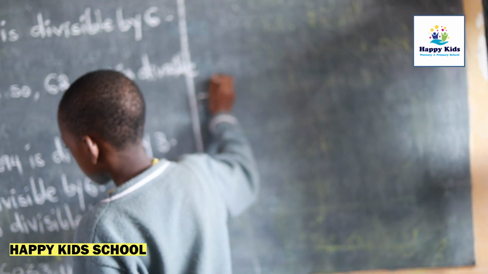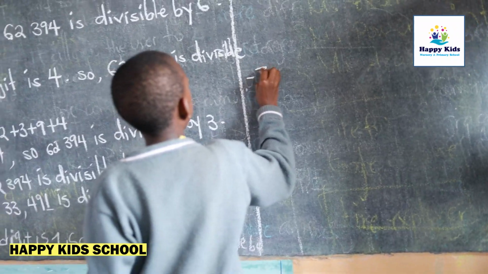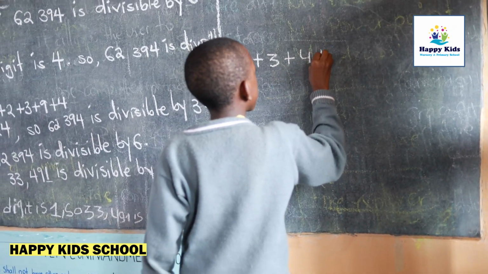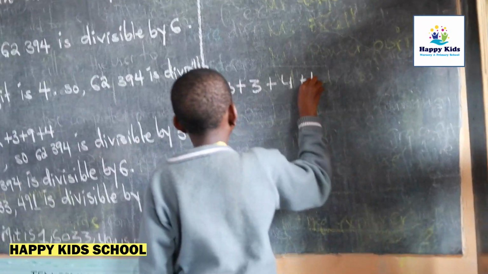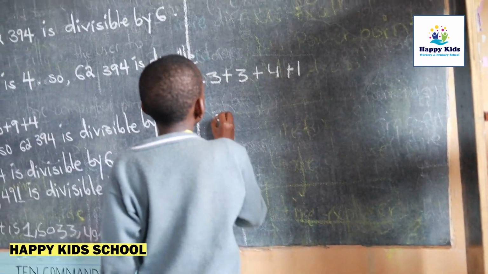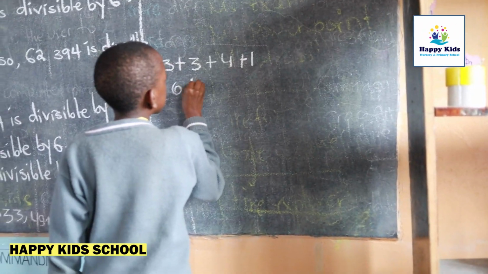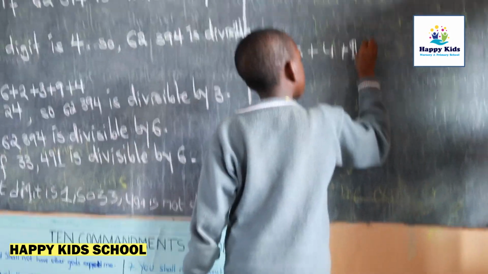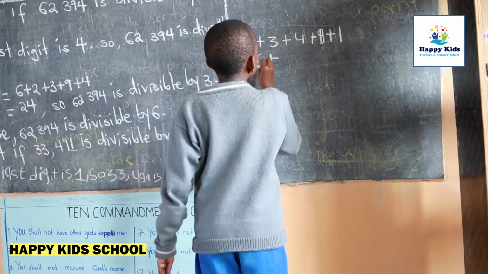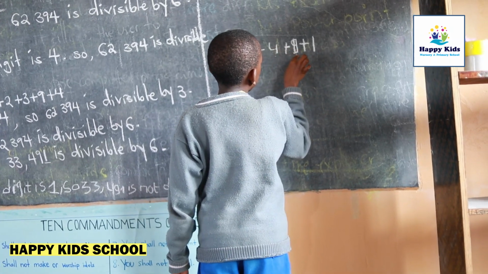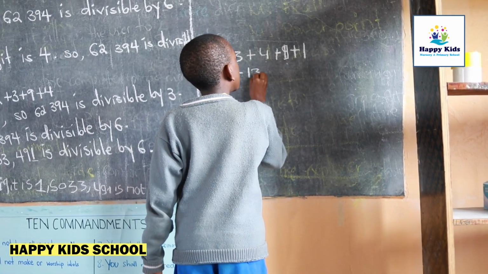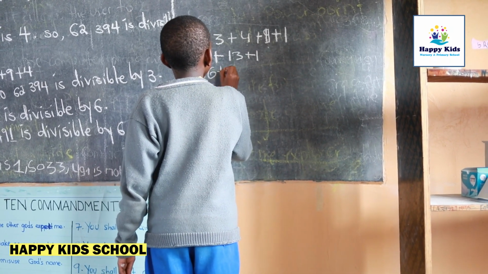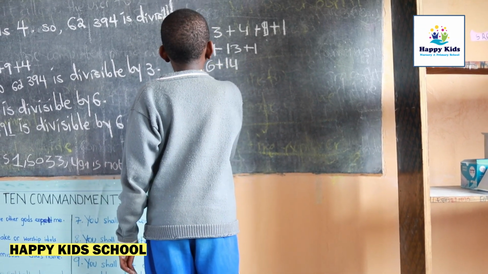So we take 3 plus 3 plus 2, which is 6, plus 4 plus 9 equals 13, plus 1, which is 6 plus 14.